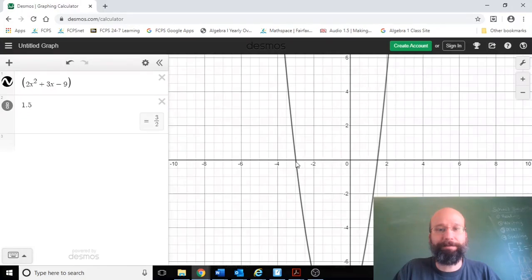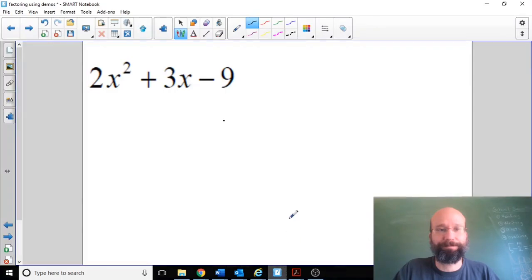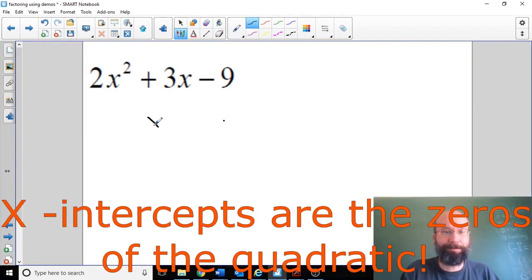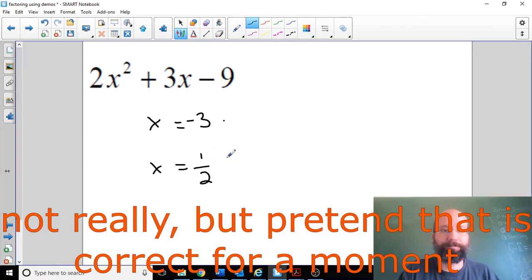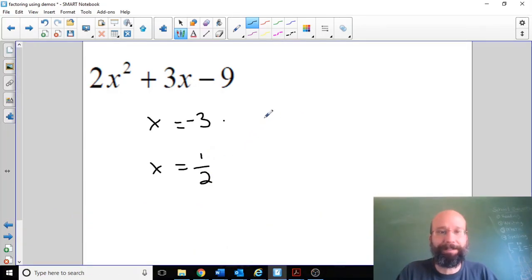So we have x equals negative 3. That's our x-intercept, negative 3. And our x-intercept over here is positive 3 over 2. So our x-intercepts, our zeros, are negative 3 and 3 over 2. To factor that, we're going to put the bottom number in front of x.